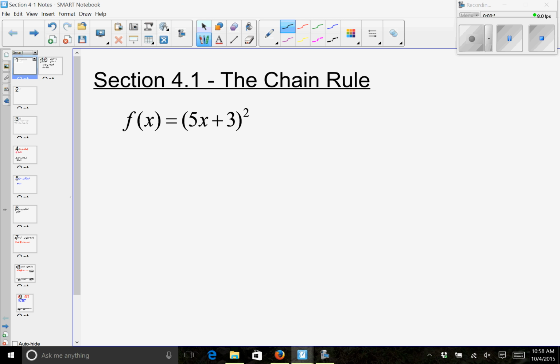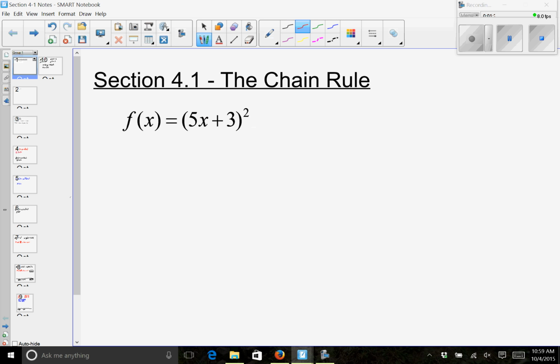But the one function operation we haven't discussed is composition, which is the idea of I stick a function in another function. So for example here, 5x plus 3 is a function, and I'm squaring it, and the squaring is another function. So it'd be like if I said that x squared was a big function, and 5x plus 3 is being stuck in that. In other words, it's being composed.